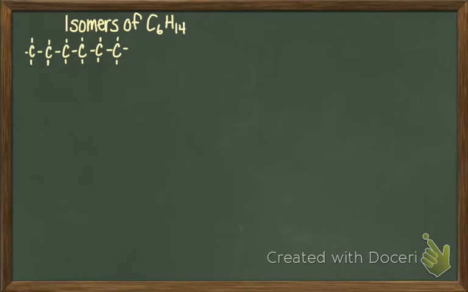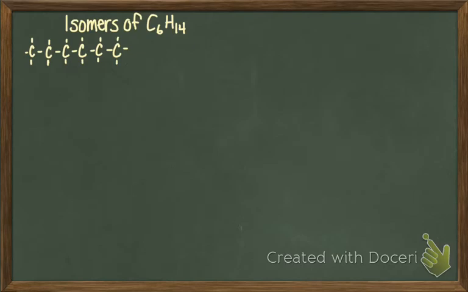So the first step is to draw this straight continuous chain of hexane, which you see I have drawn here. Now the next step is to take a methyl group off of the end and start to put it on those internal carbons and name them so that we make sure we don't have any duplicates. So I'm going to draw the first compound.